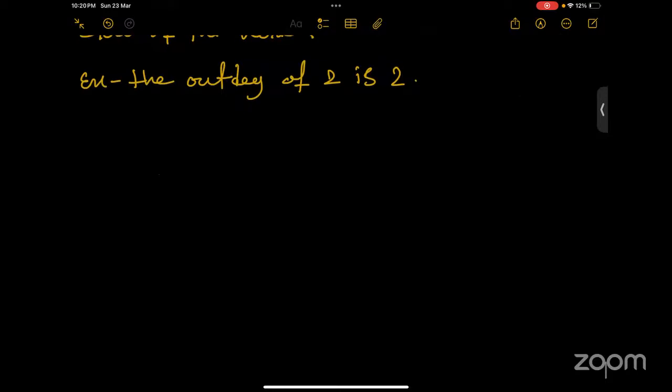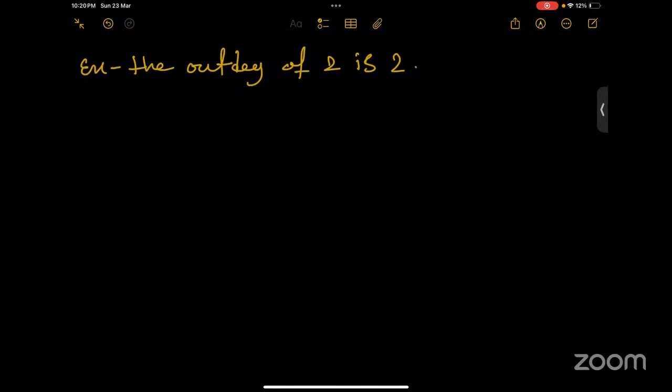Now we have two methods, and these are the most important thing from your week 10. It is basically a strategy for systematic exploration. That means if we want to explore all the vertices of a graph, there are some systematic strategies for that.